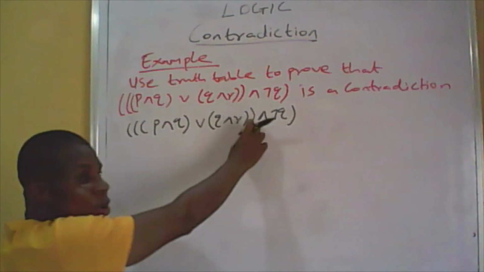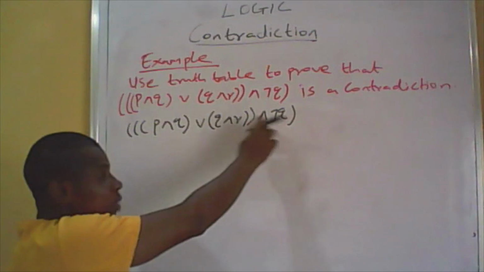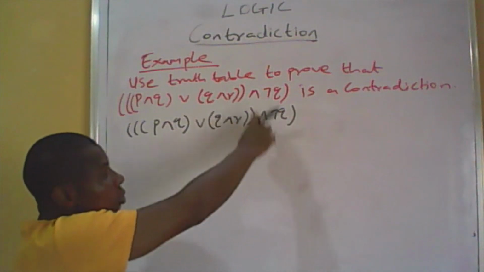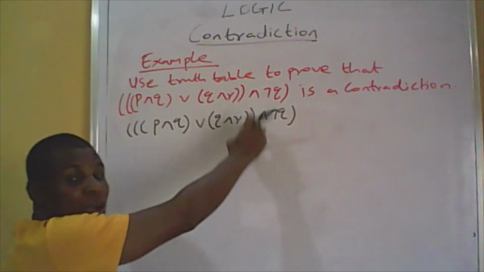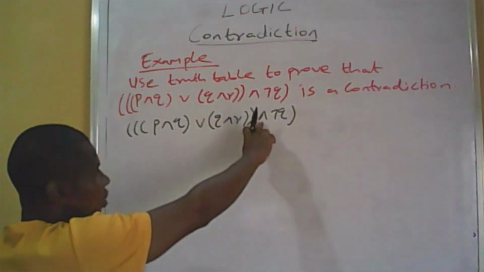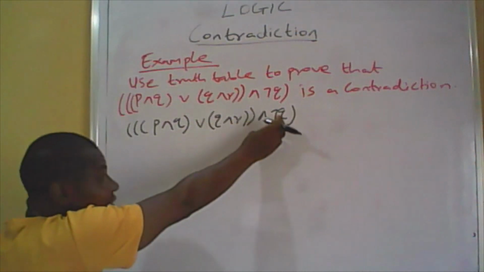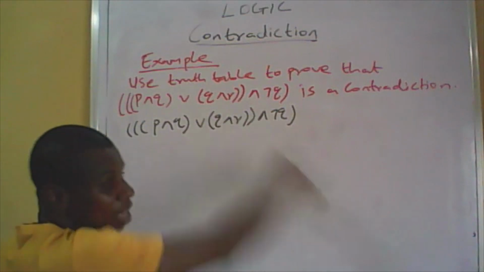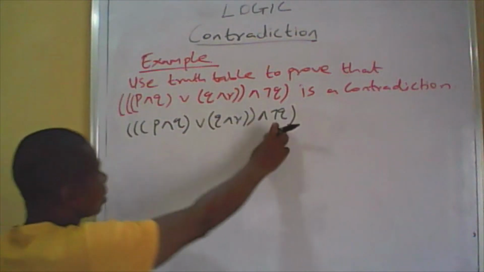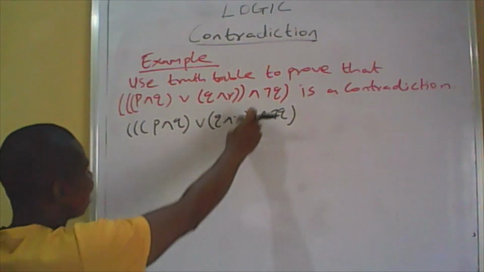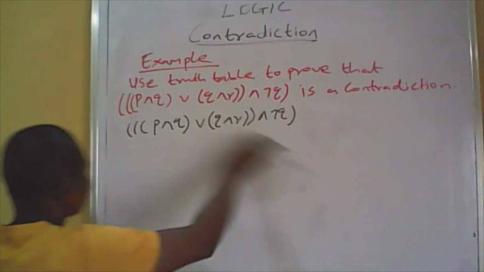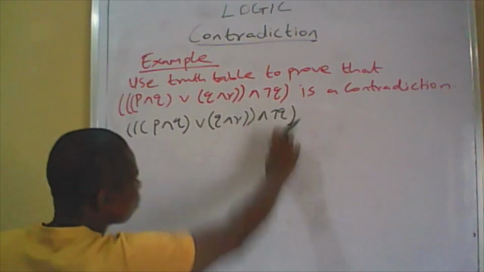That is the main or prime or principal connective here, because after the outer bracket you get this connective that combines these two statements as a statement form. You know that this one and this one are defined by this bracket, and this one is defined by this and this.